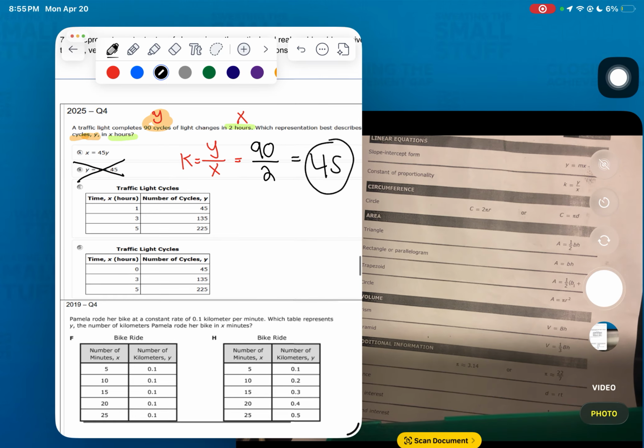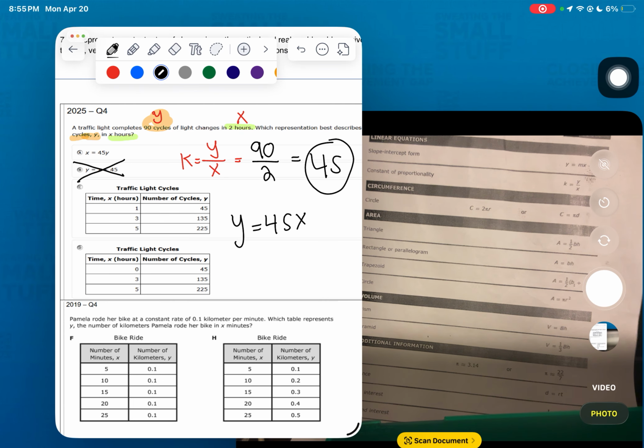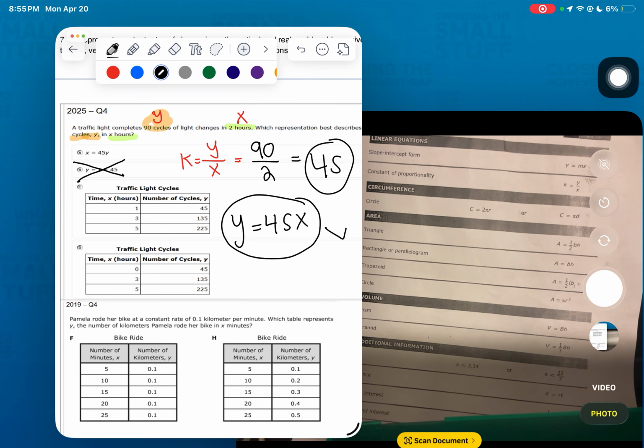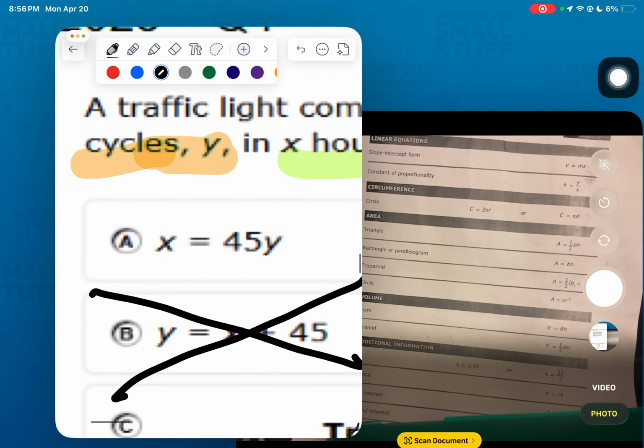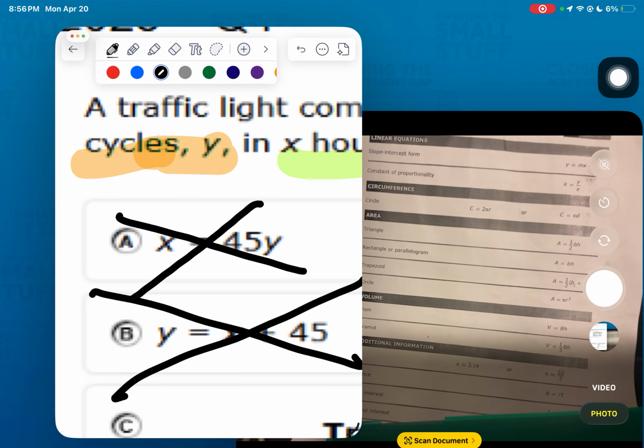But we always want y to be dependent of x. So that means the correct equation, if A was my answer, A would have to be y equals 45x. This would be true. But on A, I have it backwards. x equals 45y. That's wrong. Okay, so get rid of it.